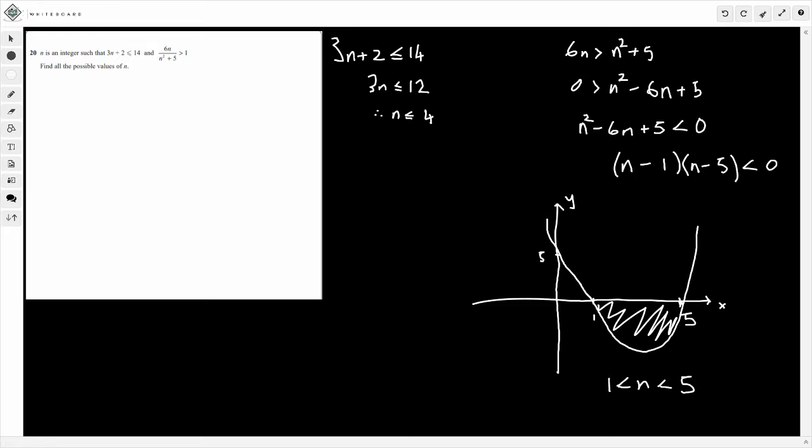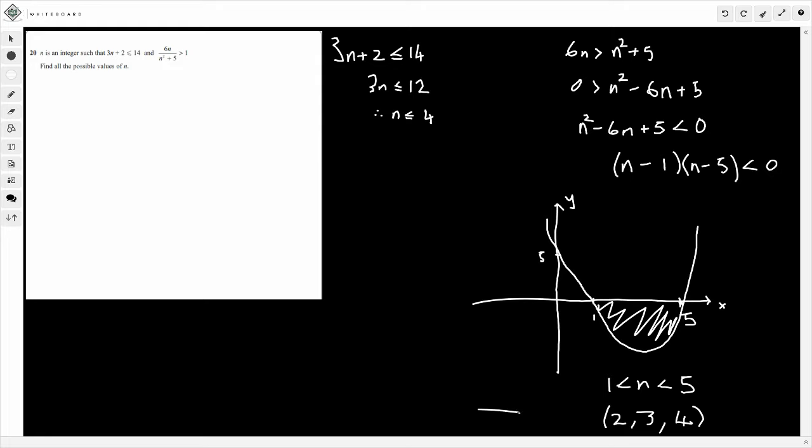But we know here that n has to be less than or equal to 4. So what are the values we can have? Well, let's look at them. This is 2, 3, 4 and 5. Sorry, that's just it: 2, 3 and 4. And here it has to be less than or equal to 4, so that can be everything less than or equal to 4.